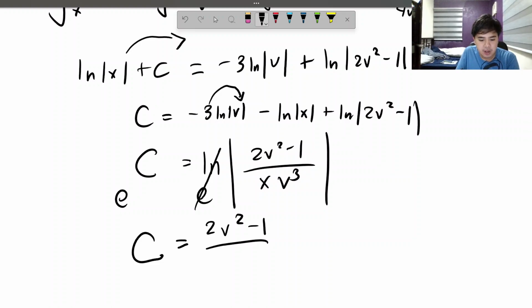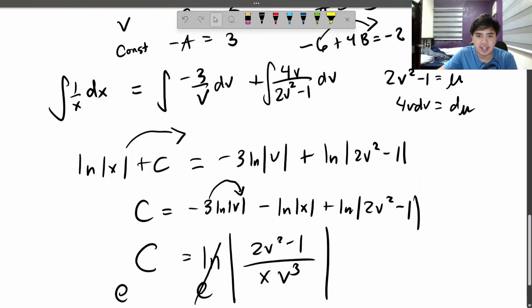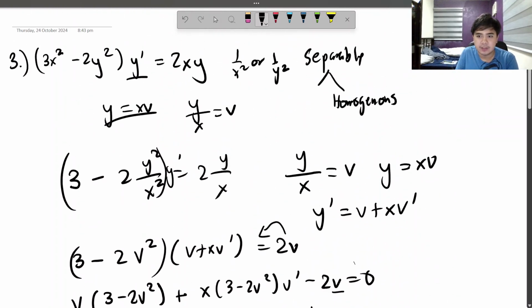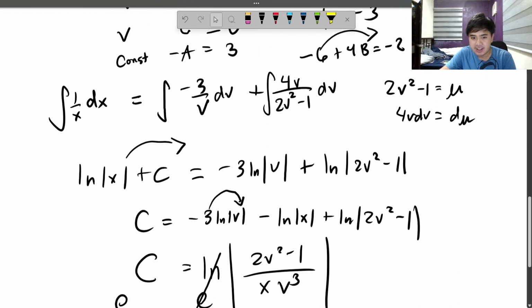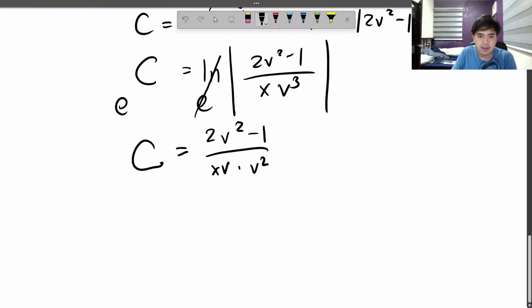I like to write it as xv times v squared. Xv is y, so we can put y in replacement of that xv and put everything else on the bottom of the shelf as well.